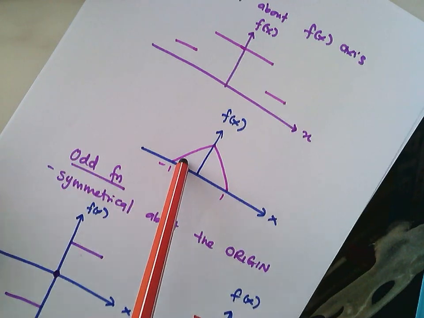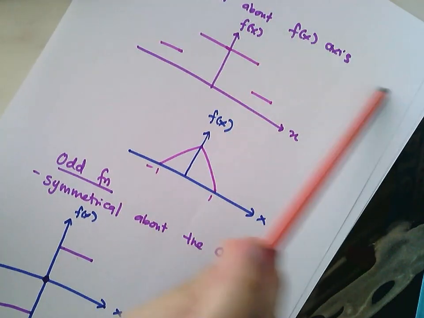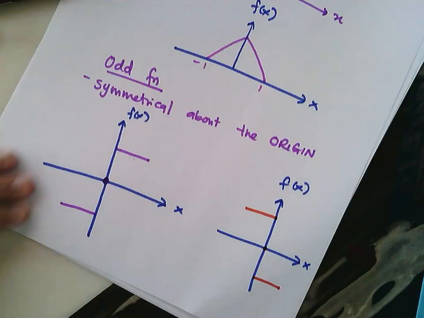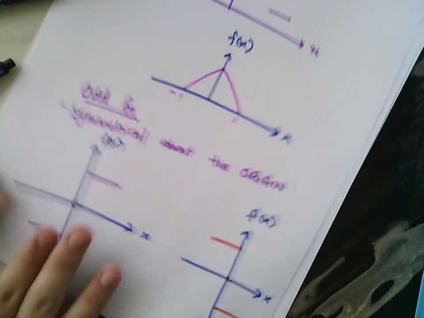So if you have a graph up here, then you will have one down here. Okay, this is the example. And the last one is neither function.